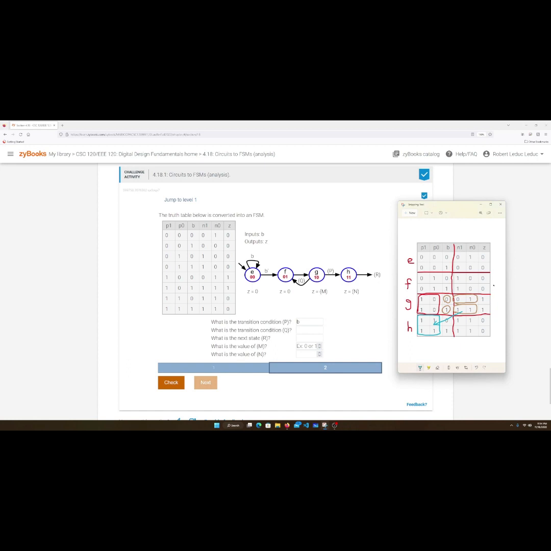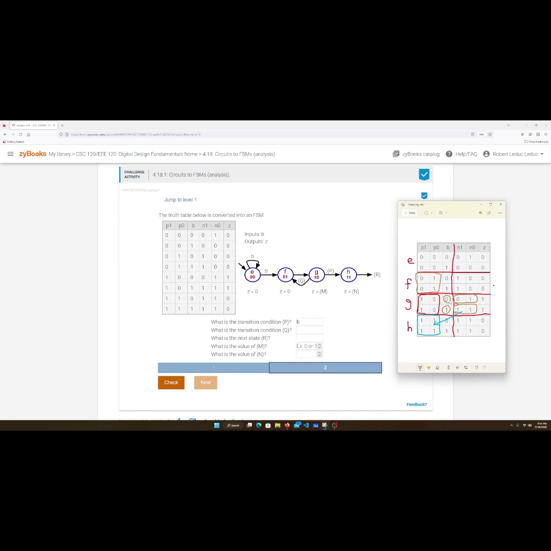Sorry about that. And then the next one asks for the transition condition of Q, which is the other possible transition that can be made from state G. And for that, it's 0, 1, and 0, 1 corresponds to F right here.